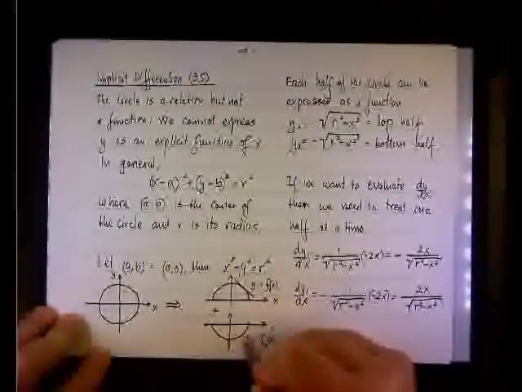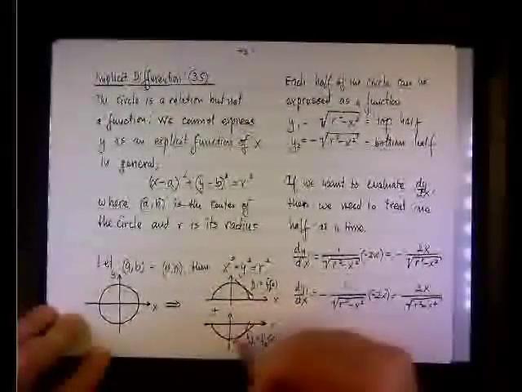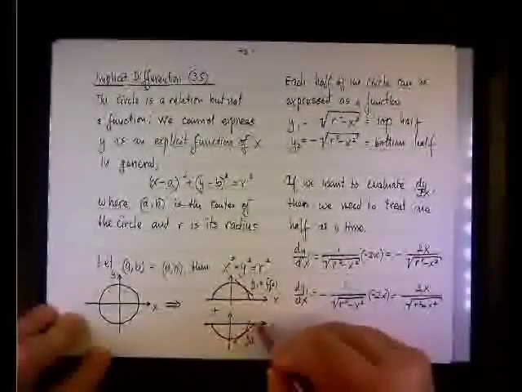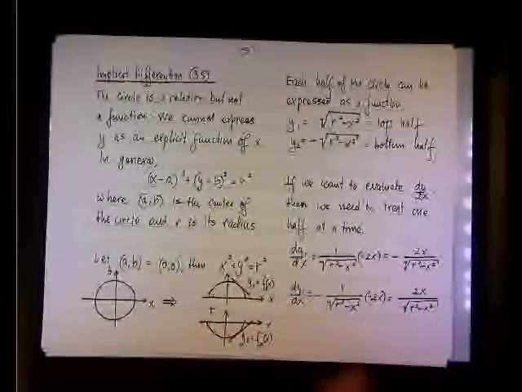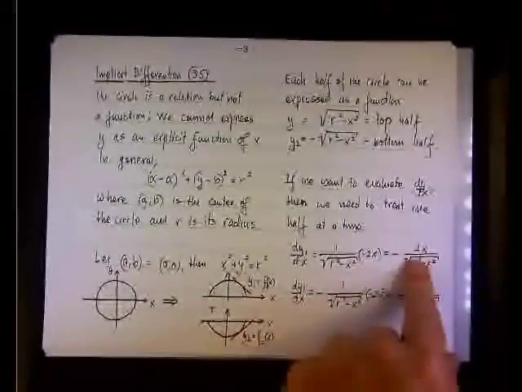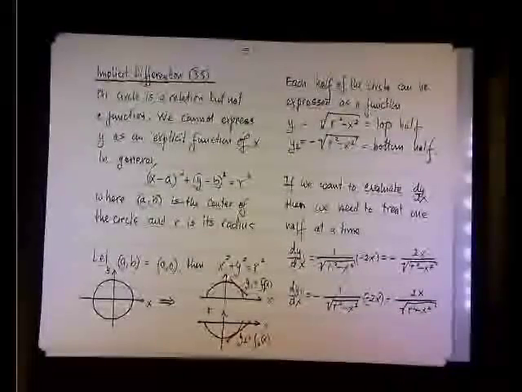On the other hand, you pick up a point in the bottom half, in the fourth quadrant, you'll see that the derivative is positive. So when x is positive, the derivative is negative for the top half. When x is positive, the derivative is positive for the bottom half. So it does pass the common sense test.